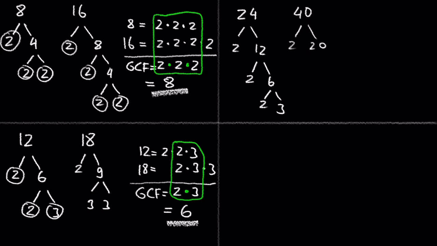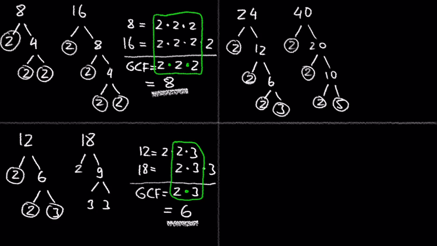Or you can say 40 is the product of 4 and 10. It doesn't matter how you start. 20 is the product of 2 and 10. And 10 is the product of 2 and 5. And we are done, because 2, 3 and 5 are prime numbers.